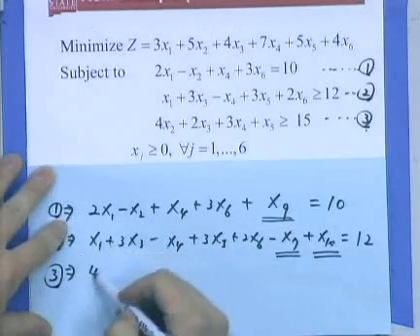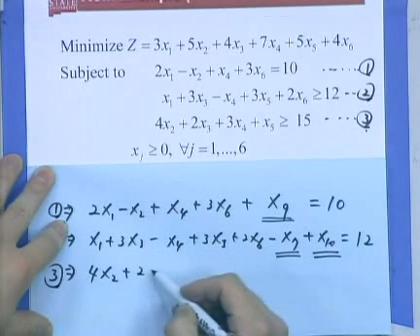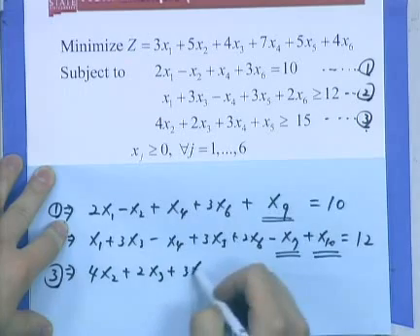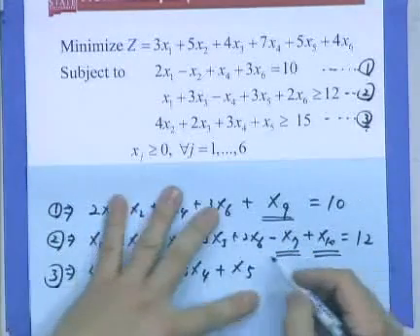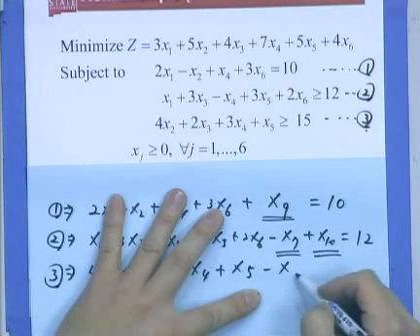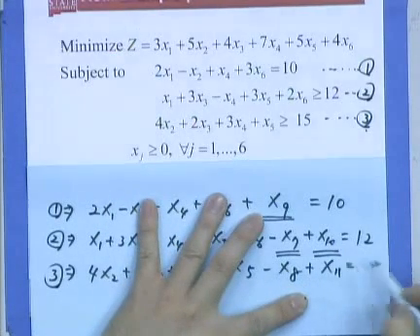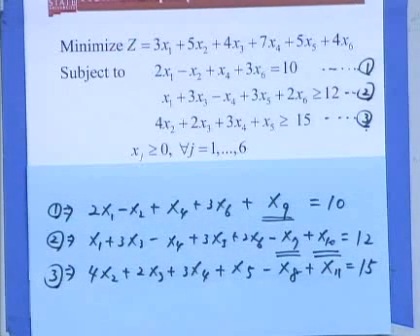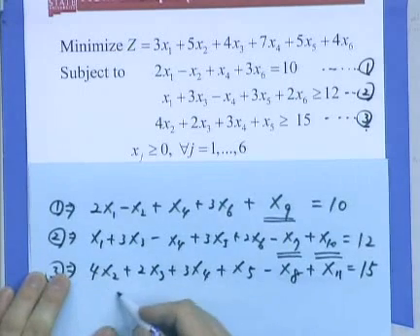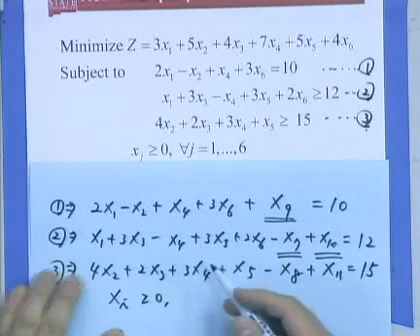And the last constraint becomes 4x2 plus 2x3, 3x4, and x5. Subtract the surplus variable x8 and add artificial variable, which is x11, right? Of course, all the variables are greater than equal to 0.